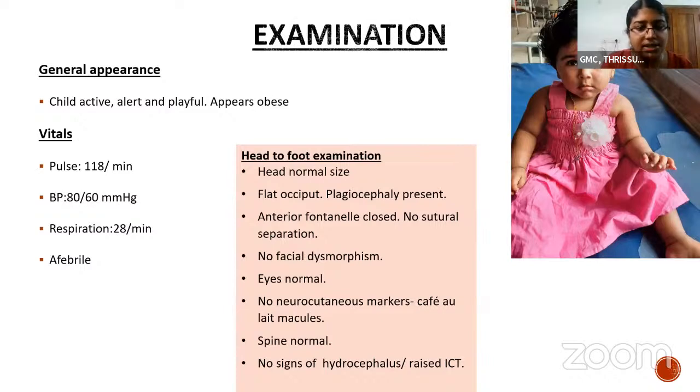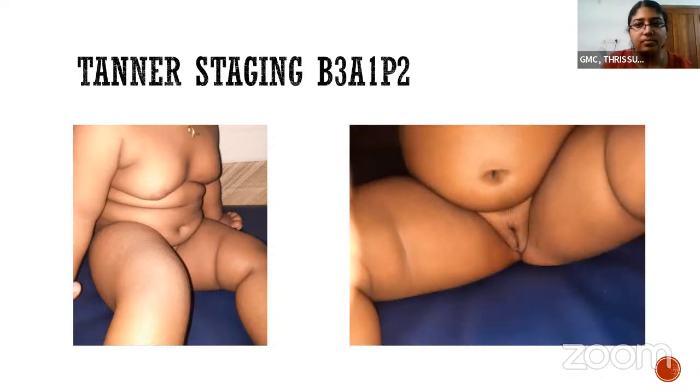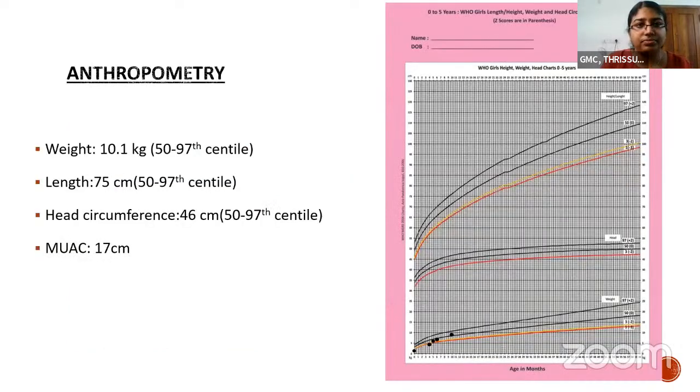Spine was normal, no signs of hydrocephalus or raised ICT. Tanner staging showed B3, A1, P2: bilateral enlarged breast tissue, no axillary hairs, stage 2 pubic hairs. Anthropometry: weight and length were in the 50th to 97th centile. Head circumference was also in the 50th to 97th centile.